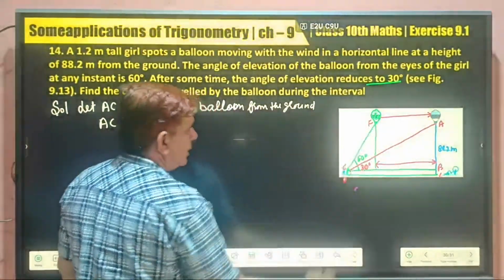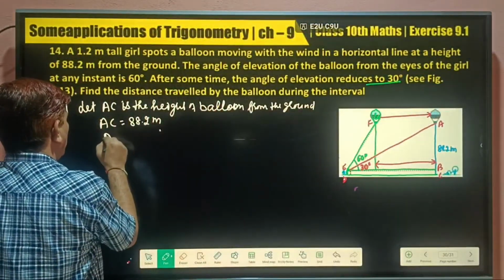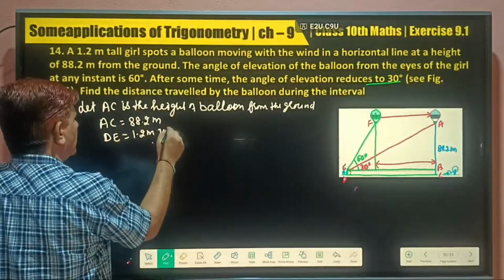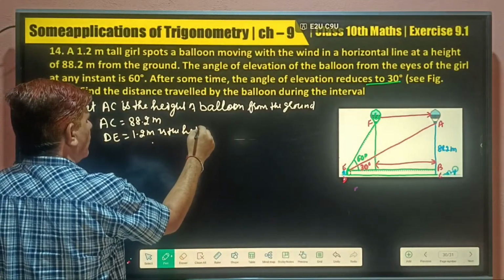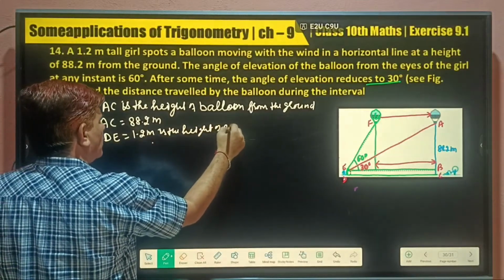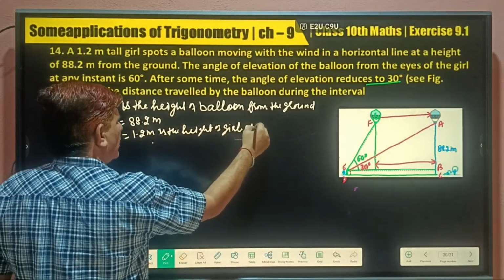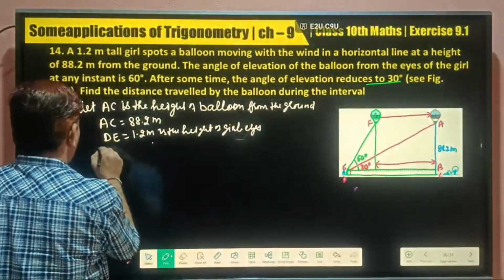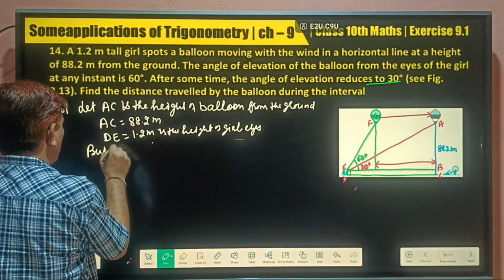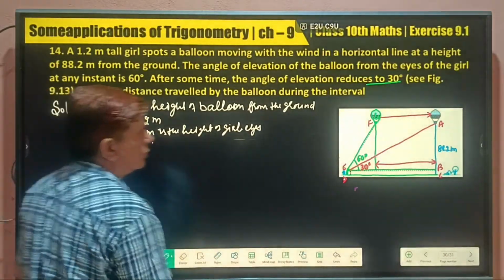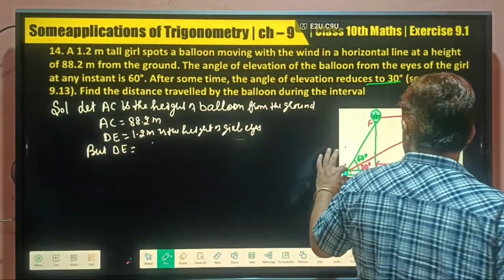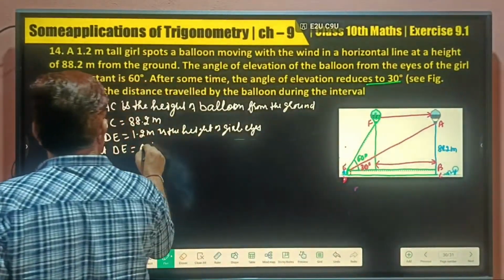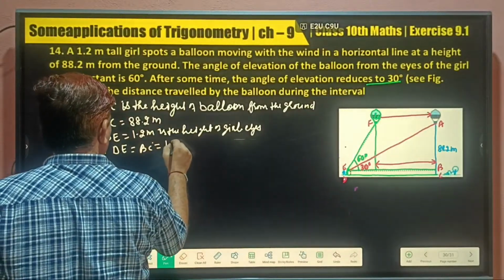DE is equal to 1.2 meters, the height of the girl's eyes, we can see. But DE is equal to BC, which is equal to 1.2 meters.